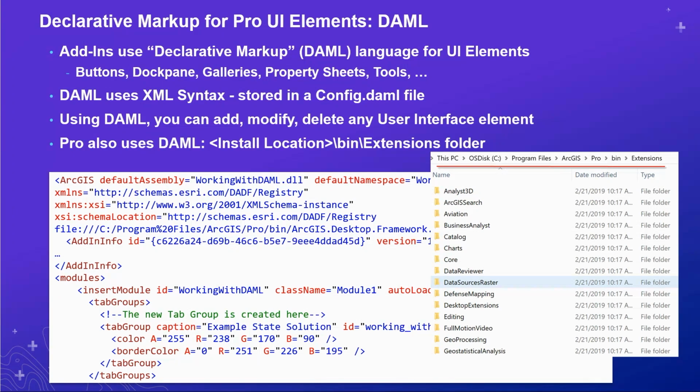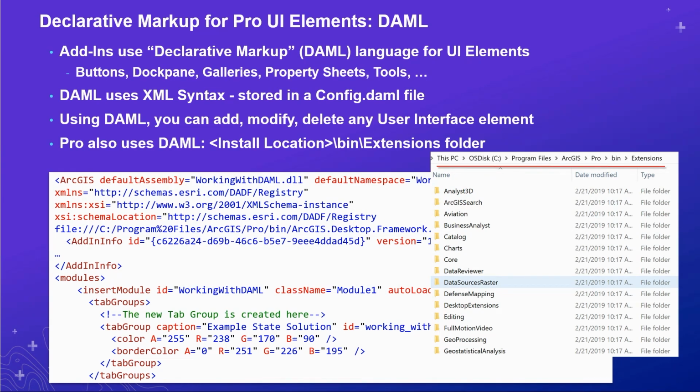Here is some more information about the DAML. The DAML is the declarative markup language that Pro uses to define its UI elements. Here on this slide, you can see a sample code of a config.daml file in an add-in. Notice the simple XML syntax.